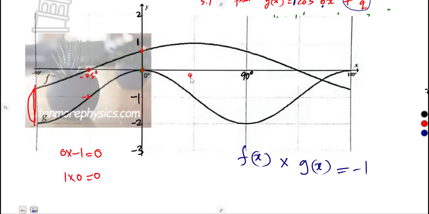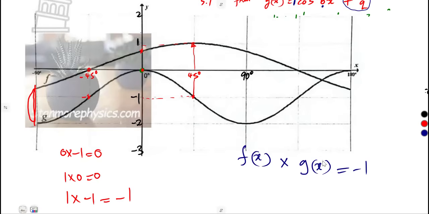If we move on to 45 degrees, f of x corresponds to 1. Gx here corresponds to minus 1. 1 times minus 1 is minus 1. So this is how we obtain a minus 1 when the two graphs are multiplied.